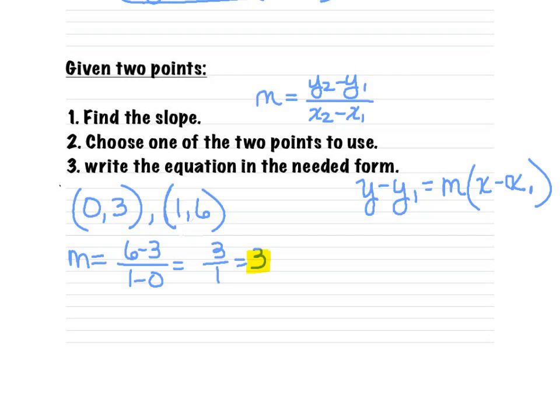And now I get to choose which point I'm going to use in my point slope form. It doesn't matter. You can choose whichever one you want. I'm going to choose the second point. Now let's write the equation. Y minus y1, which is 6, equals 3 times x minus 1. And you're done.